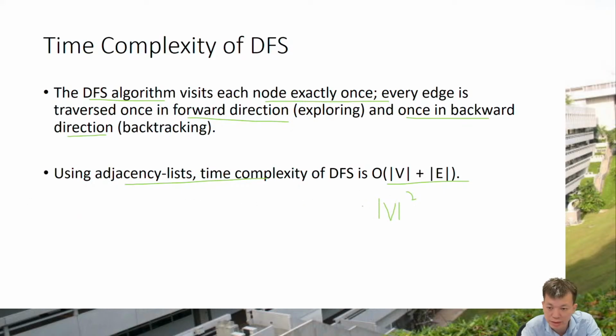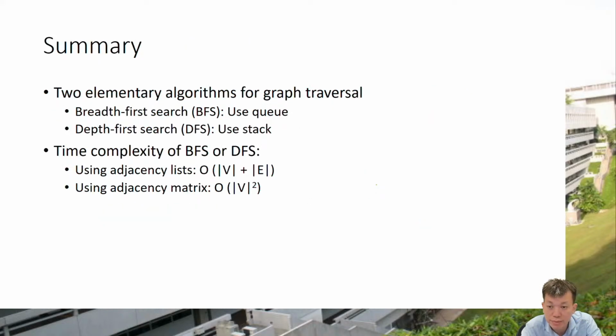Why did I forget to put that. That is for the adjacency matrix. In these two examples, you find that the adjacency list is better, but sometimes the adjacency matrix will be better, depending on your algorithm.